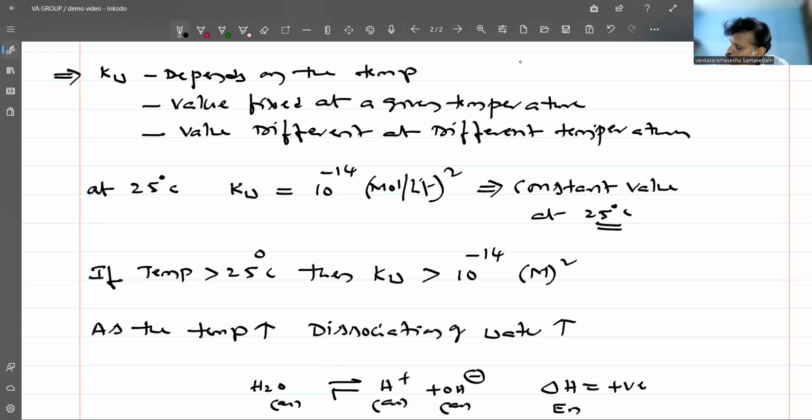This process is endothermic. So as the temperature increases, dissociation of water increases. When dissociation of water increases, H plus ions concentration increases and OH minus ions concentration increases. And finally, Kw value increases.